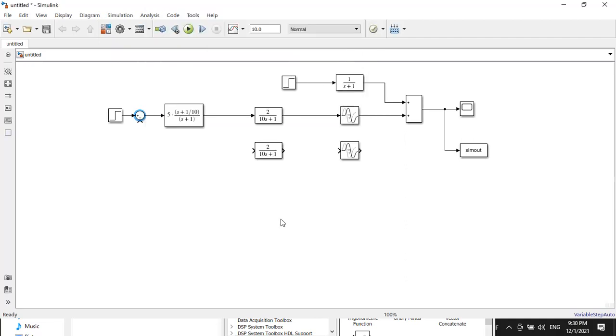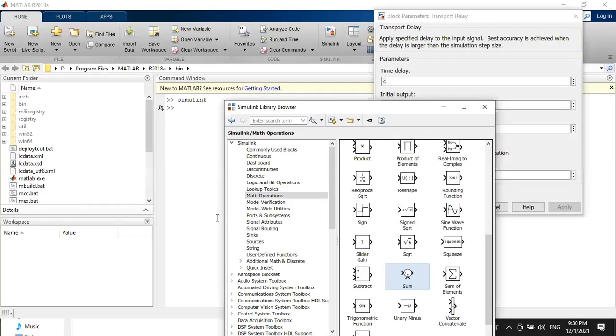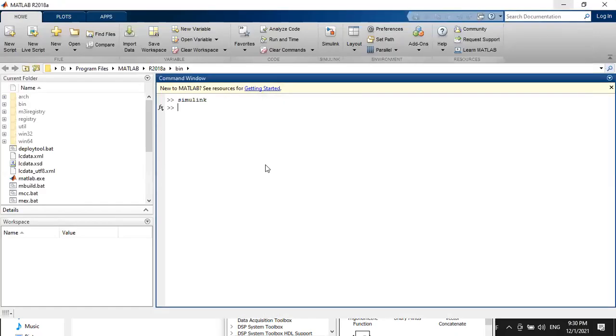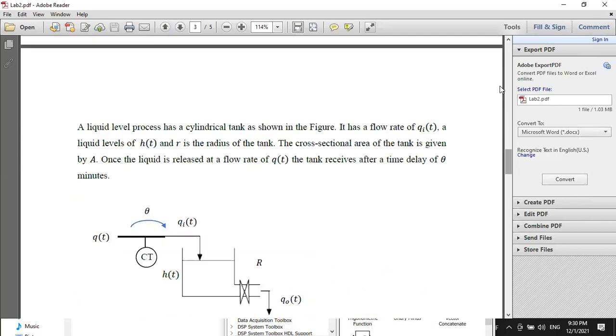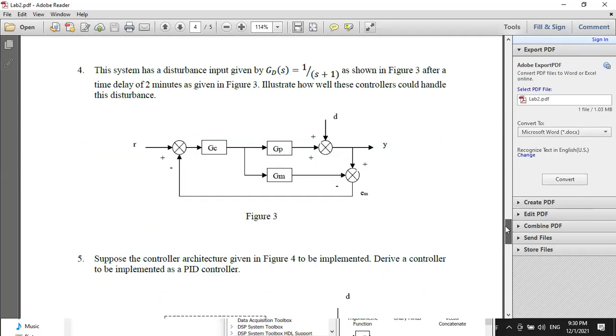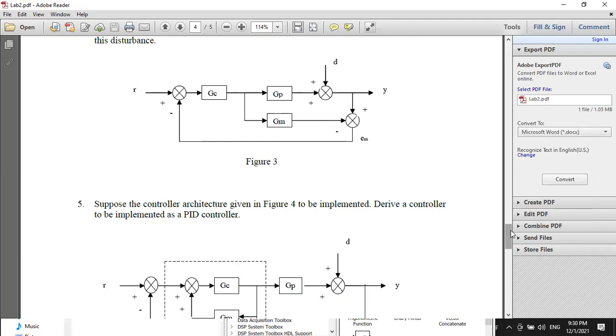So we should get this from here. There should be a multiplier, right? If I look at the block diagram once again. Yeah, there should be another one, right? Right.